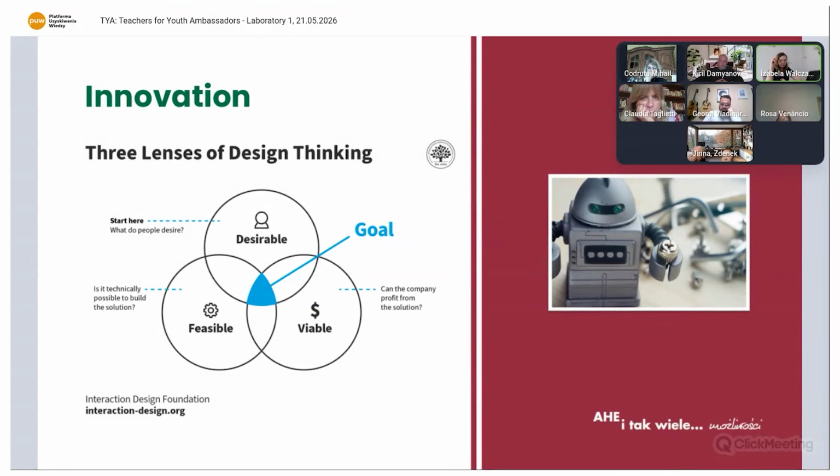So somewhere in the center of those three lenses, we are looking for the ideal solution. Something that people really want, not what the company wants or what is easier to implement or what had always been done. Something which is doable at a given point in time, if the technology allows it, if we have the right resources, also financial resources.